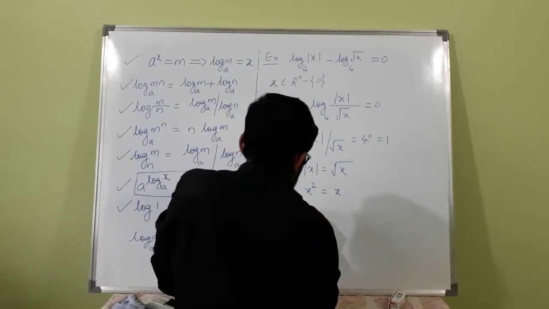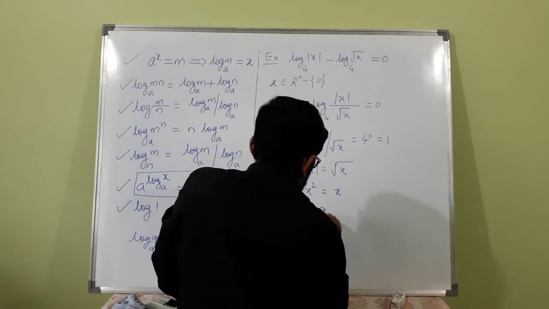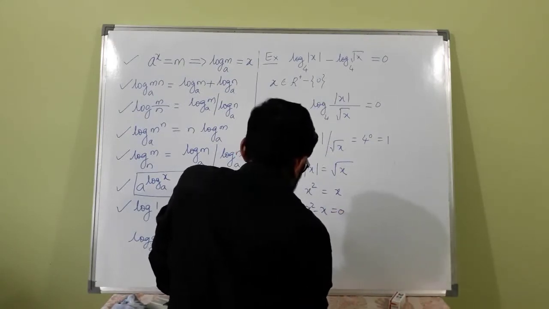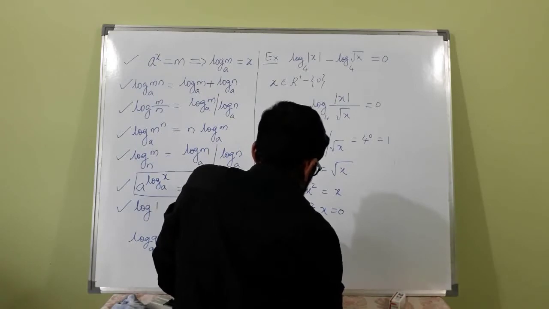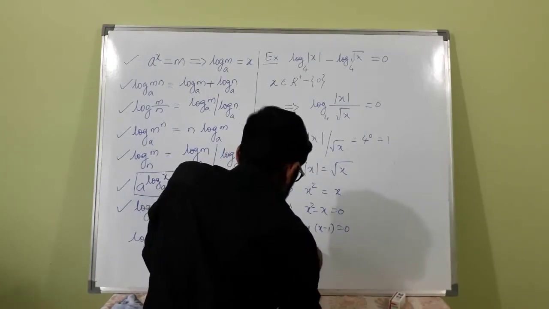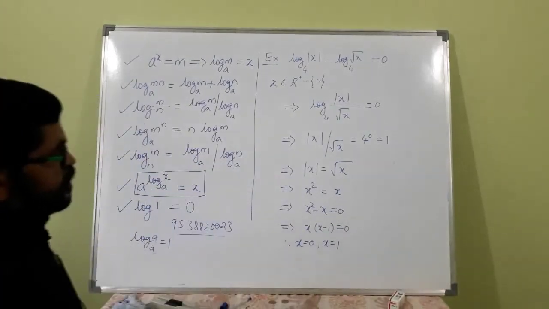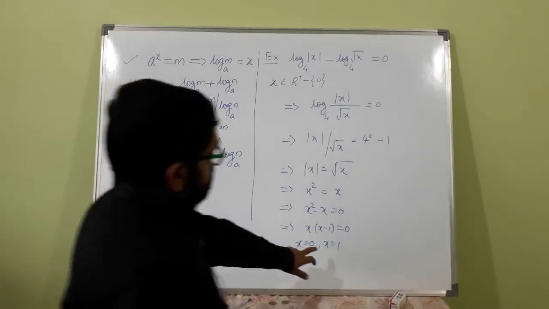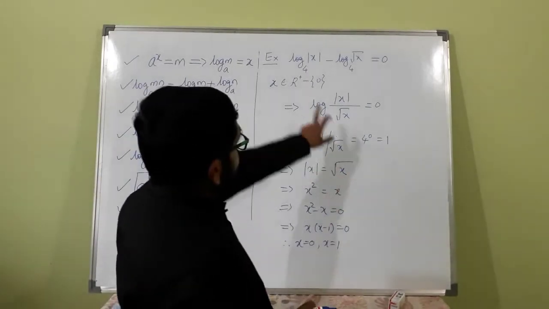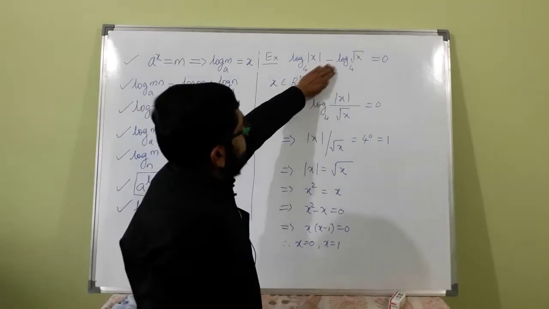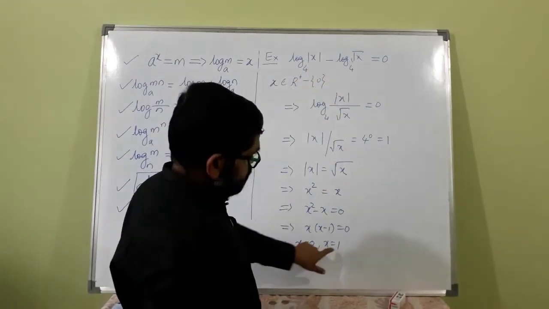See, but here you have to solve like this, x into x minus 1 is equal to 0, therefore x is equal to 0 and x is equal to 1. See, here the solution is x is equal to 1 because 0 is not included. Suppose it is not given, then both are solutions.